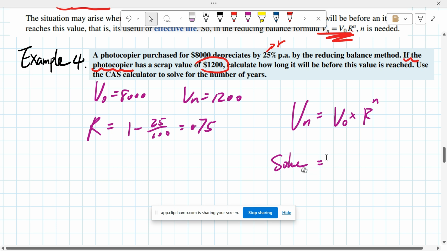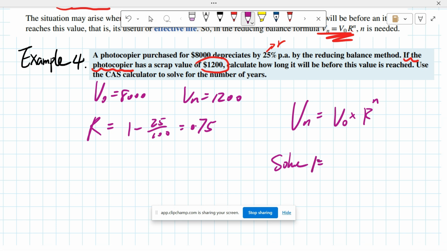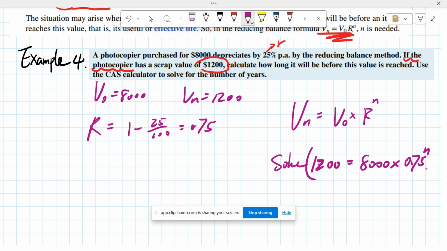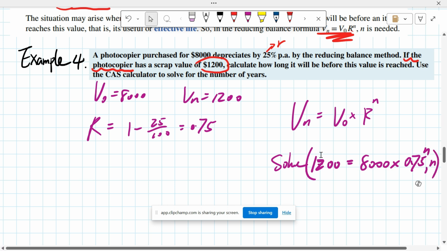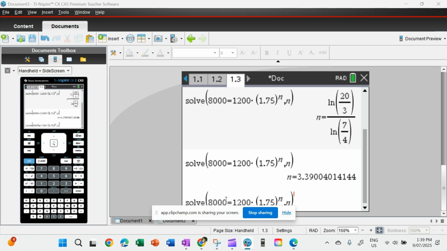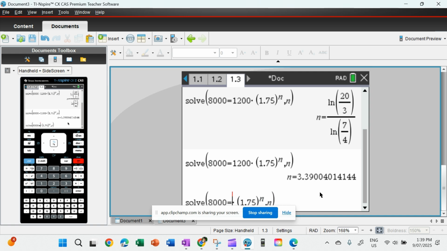Oh wait, sorry guys, that's not right. It should be 1,200 equals 8,000 multiplied by 0.75 to the n, comma n. Let me rewrite. I forgot to change my numbers. I'm going to change this one to 8,000 rather than 1,200, because that's my initial value.